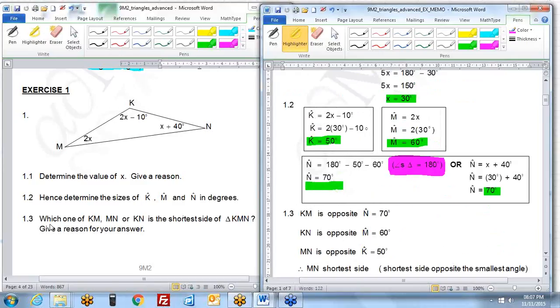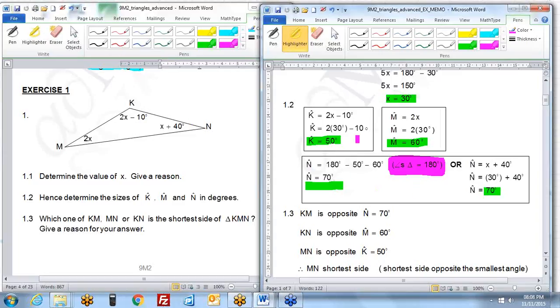Then 1.3: which one of KM, MN, or KN, in other words the sides of this triangle, is the shortest side of triangle KMN? So now we're going to look at the angles opposite these side lengths. So we're firstly going to look at the shortest one.